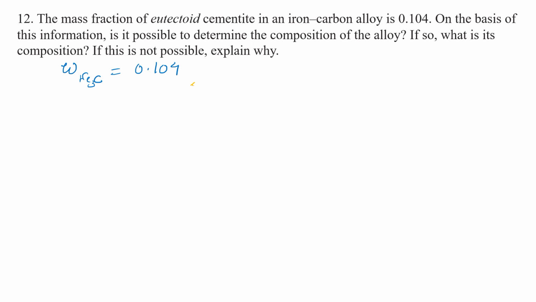If so, what is the composition? Yes, it is possible. Let's see how. Okay, there are two possible answers. For the first case, the eutectoid cementite exists. Let's see the case 1.